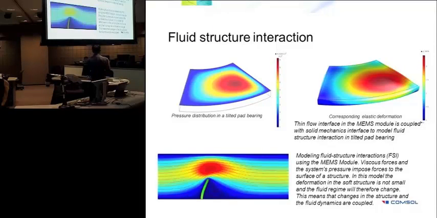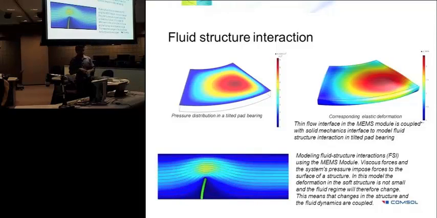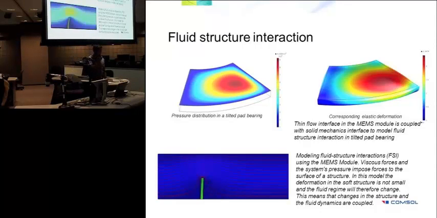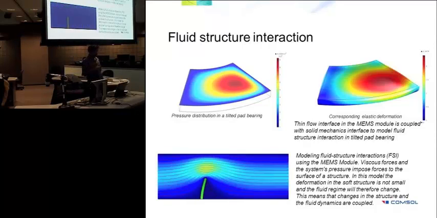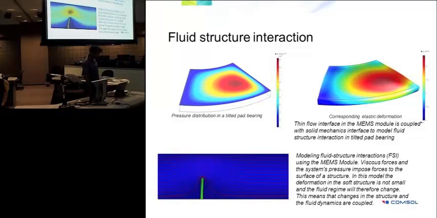So you don't solve the Reynolds equation on a volume or on an area, but rather on a surface, because it is applicable to a very thin domain. So you obviously don't want to mesh a very thin domain and calculate everything. You rather use it as a partial differential equation on a surface. And then you couple the fluid pressure calculated from the Reynolds equation to structural mechanics, and that's fluid structure interaction in any bearing example. In this case, the example is that of a tilted pad bearing.